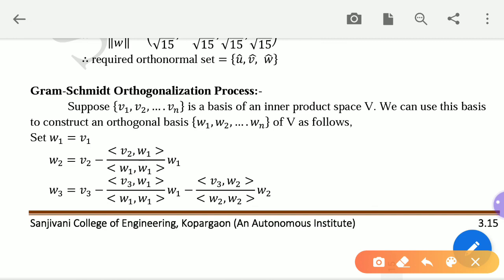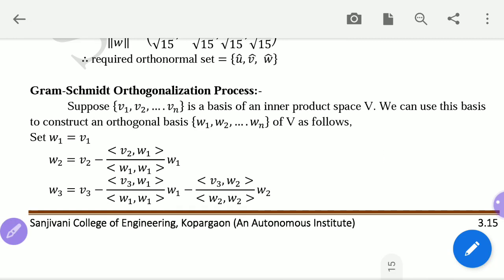Let us go through the steps of the calculation. Suppose v1, v2, ..., vn is a basis of an inner product space. We can use this basis to construct an orthogonal basis w1, w2, ..., wn, and for finding this orthogonal basis we apply this process.